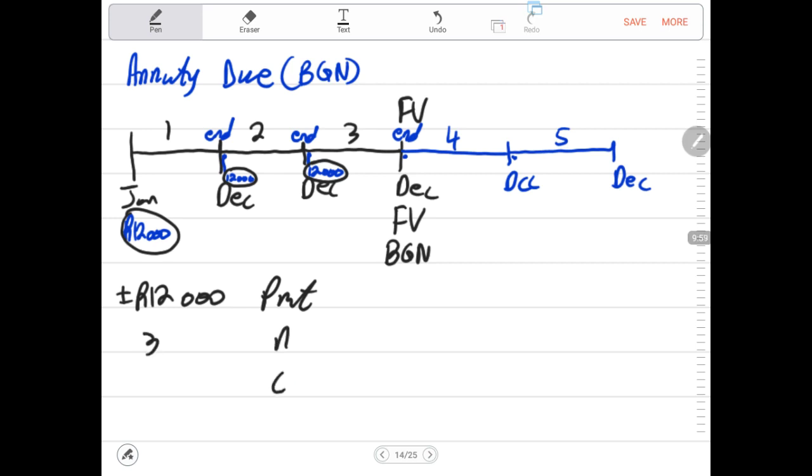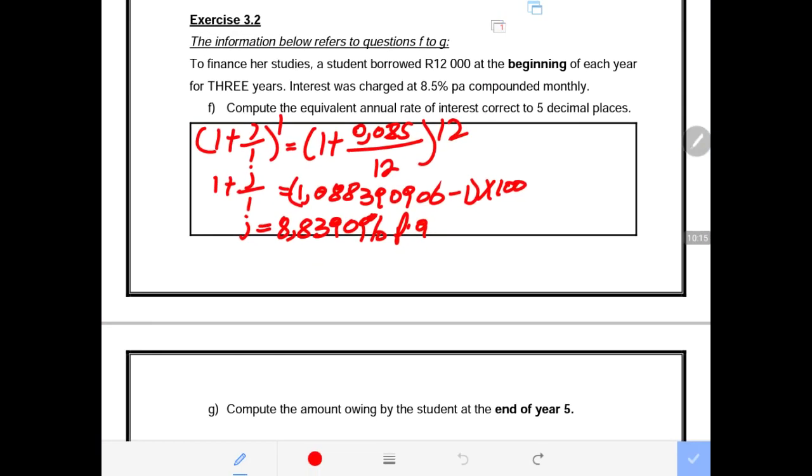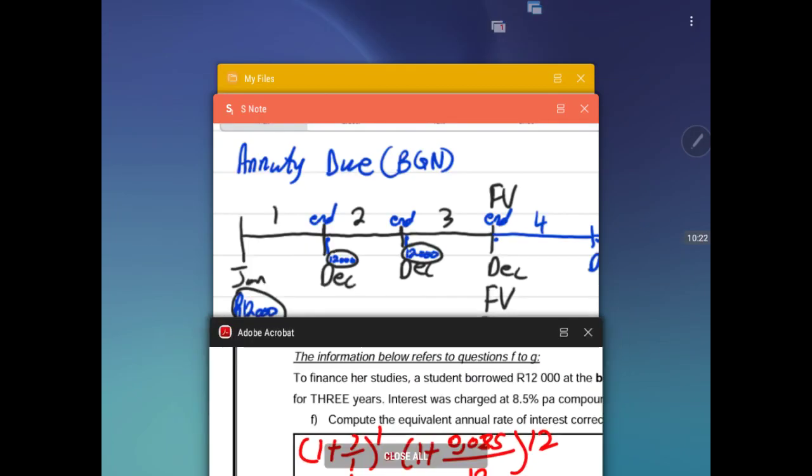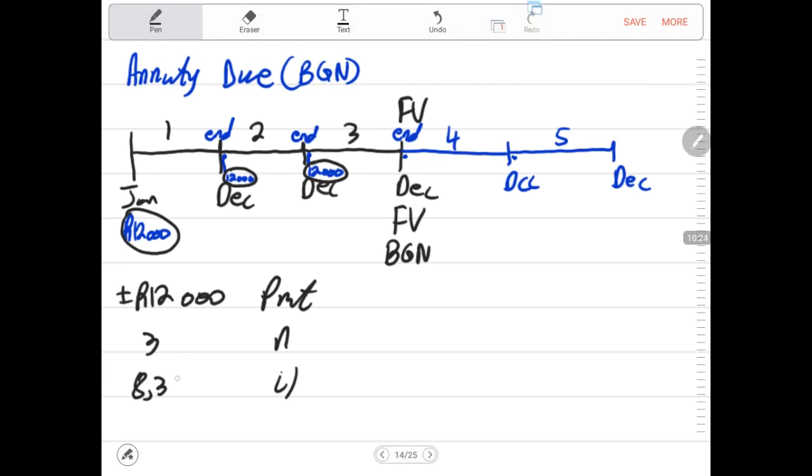Then we have our interest that we calculated, which was 8.3909%, and it is compounded annually.